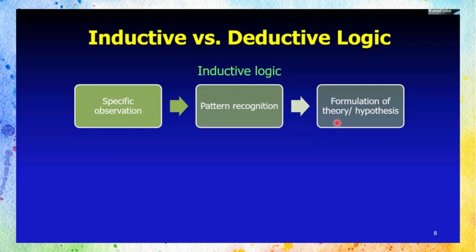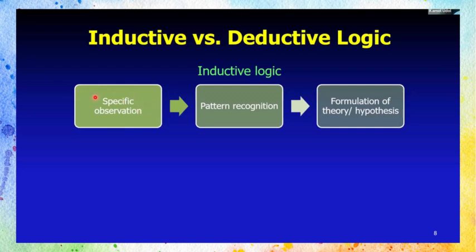For example, in the past, before we knew that cholesterol is the cause of heart disease or cardiovascular disease, scientists or clinicians in those days observed that most people who succumbed to cardiovascular disease had higher cholesterol than people who do not have cardiovascular disease.